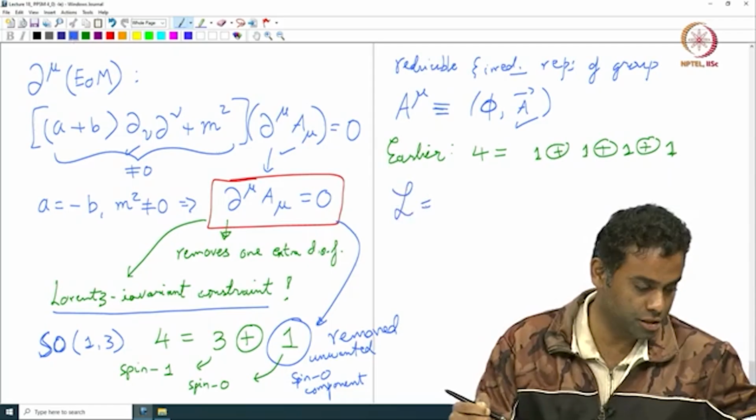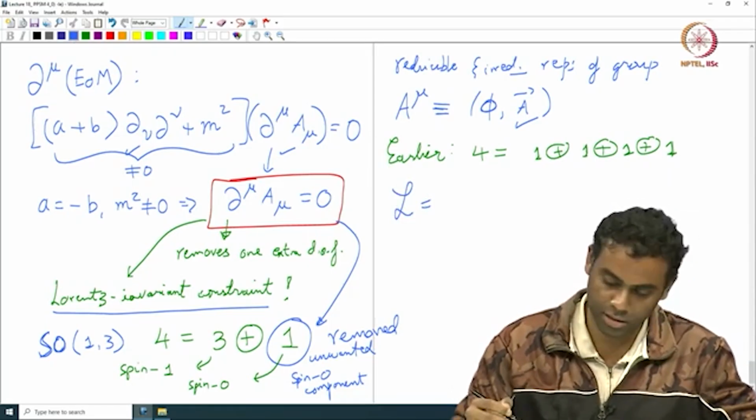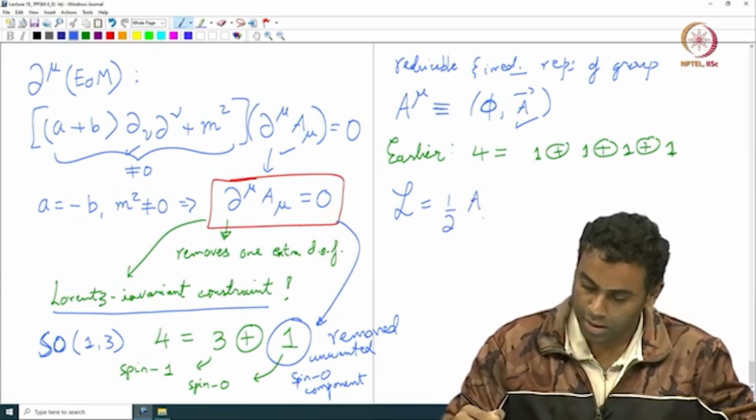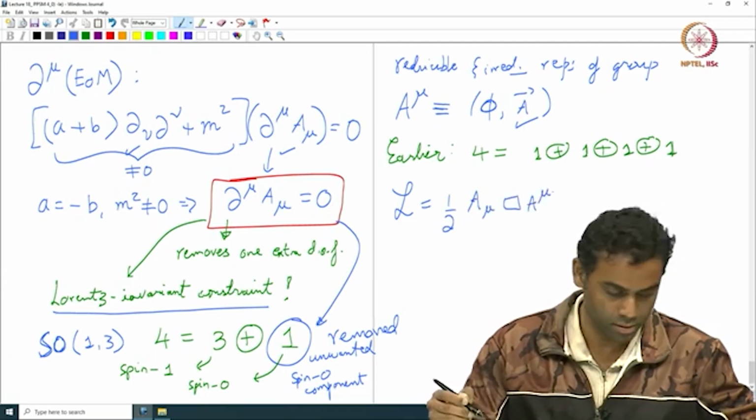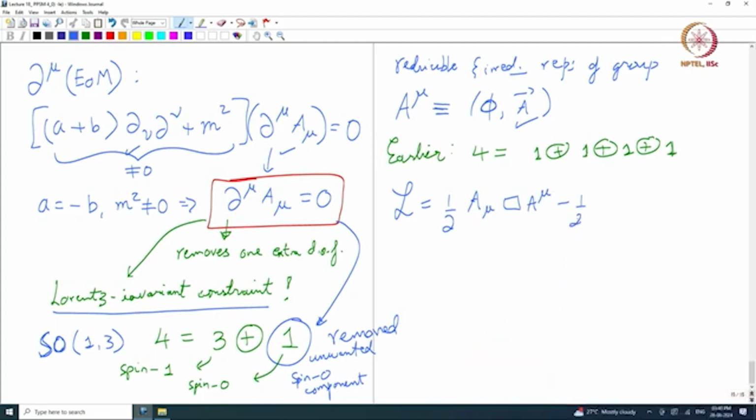So I am going to rewrite the Lagrangian as half a mu, there is still a box, and then I am going to actually enforce a equal to minus b, because I can always do that, and then it turns out that is when I get the correct normalization for the Lagrangian, correct sign for the energy density, and I also get some very nice features like gauge invariance, which we are going to see soon, okay. So I am just going to make use of that freedom.